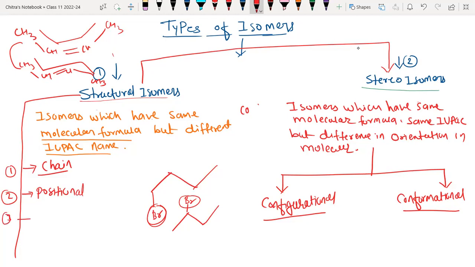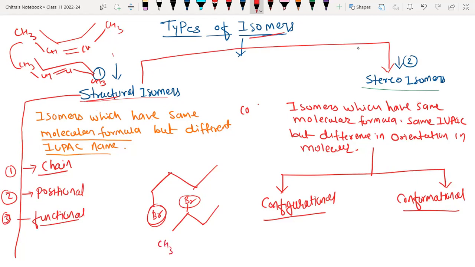Number 3, functional group isomers. We can say functional isomers, or functional structural isomers. We have the same molecular formula, but a difference in functional group.